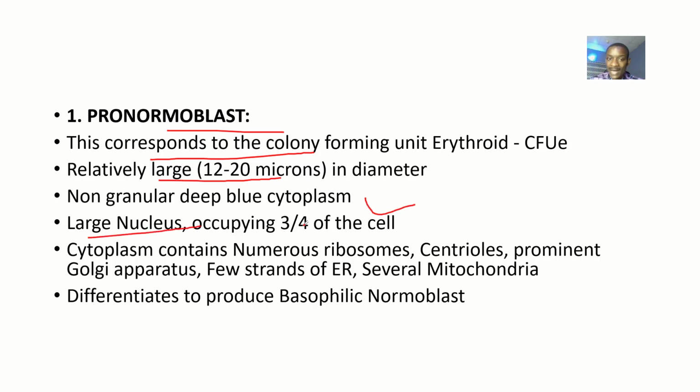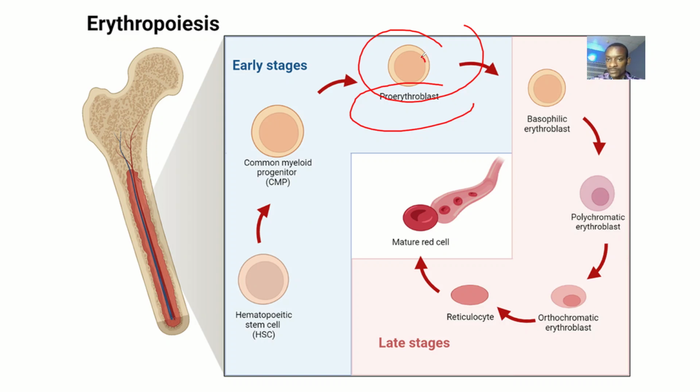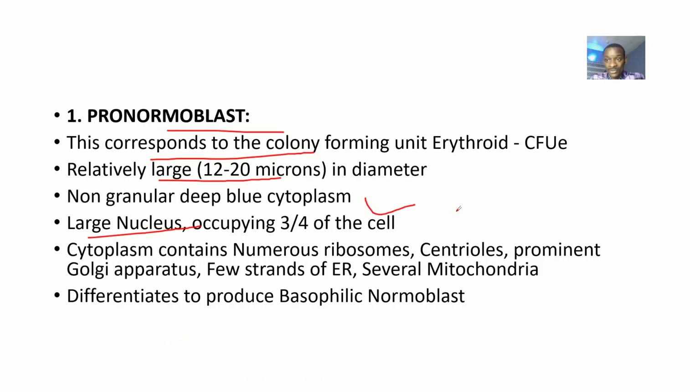They have a large nucleus that occupies about 3/4 of the cell, almost occupying all of it. As we continue, we'll always talk about the nucleus decreasing in size until it is sent out, and the real mature red blood cell doesn't have a nucleus. Their cytoplasm contains numerous ribosomes, centrioles, a prominent Golgi apparatus, a few strands of ER, and several mitochondria. These will differentiate to produce the basophilic normoblast.